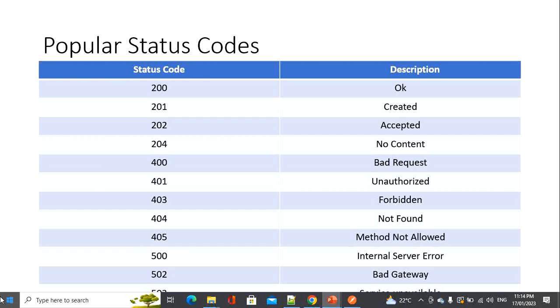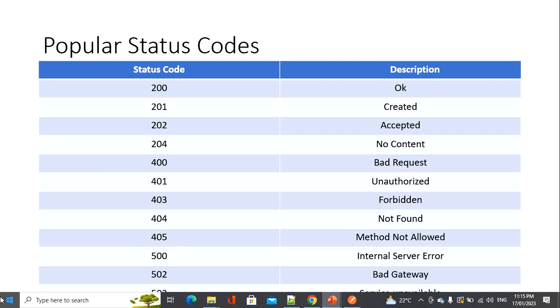In fact, at the server you haven't implemented the delete endpoint itself, but still you are trying to delete that particular resource with the same endpoint slash employee slash one. You just pass delete. So then you will get this particular status code, 405 method not allowed, right?